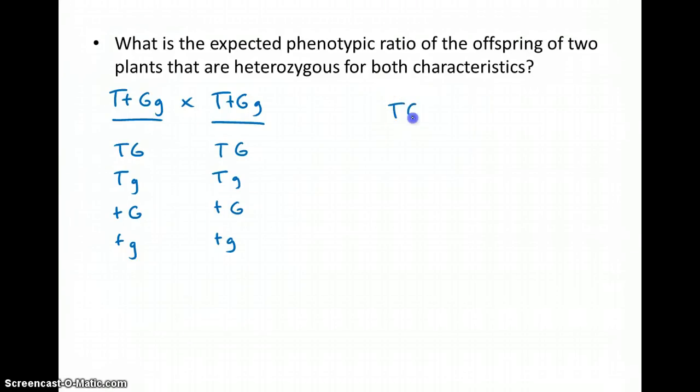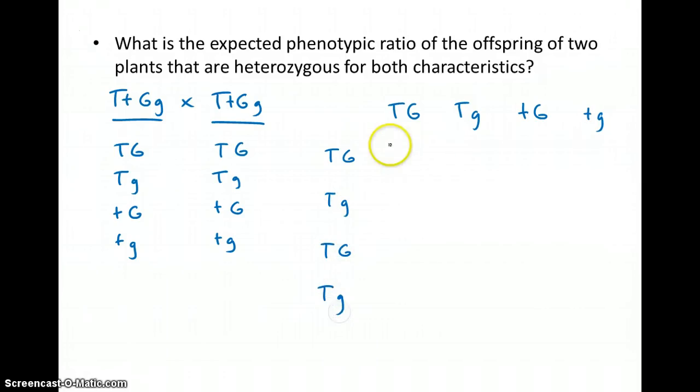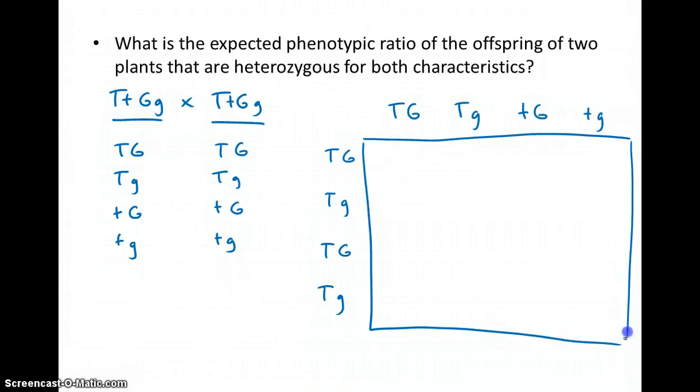All right, I want to set up my gametes from one individual across the top, and my gametes from the other individual down the side. This is my 4x4 Punnett square.